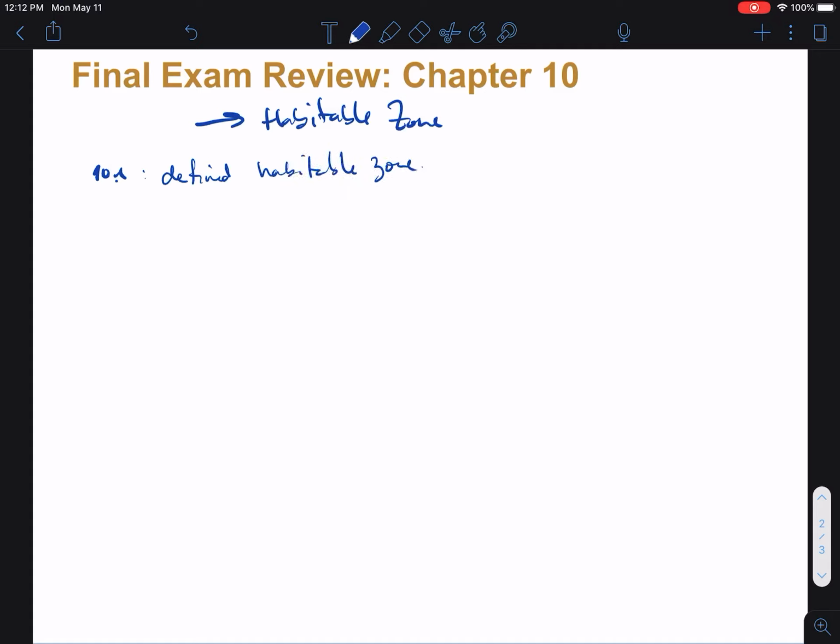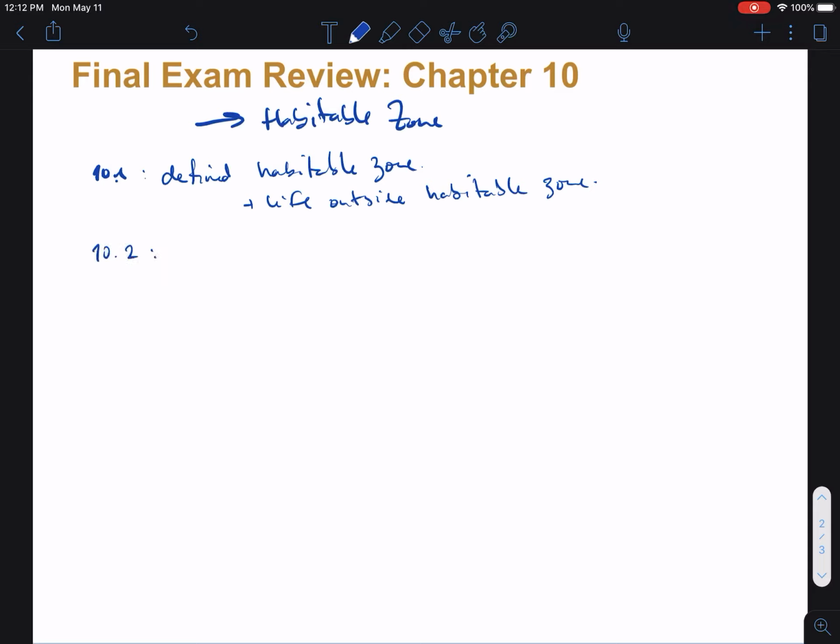We talked a little bit about its evolution, how it changes with age, what the boundaries are, and we talked a little bit about life outside the habitable zone. So where were places outside that, or how can we extend it?